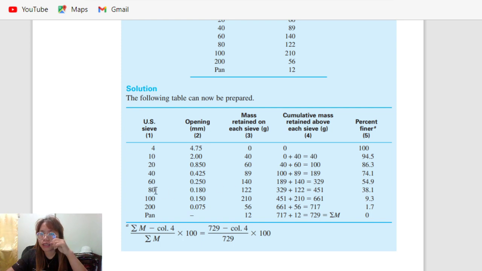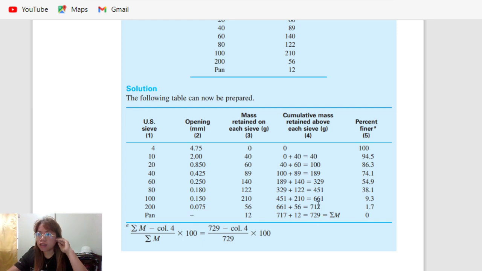For number 60 sieve, 189 plus 140, so 329, and so on and so forth. The summation of the masses, the total, is 729 grams.